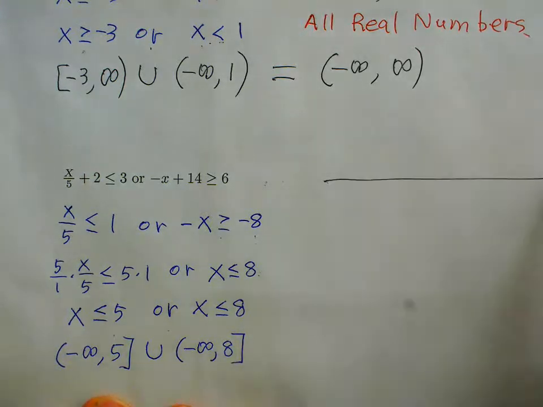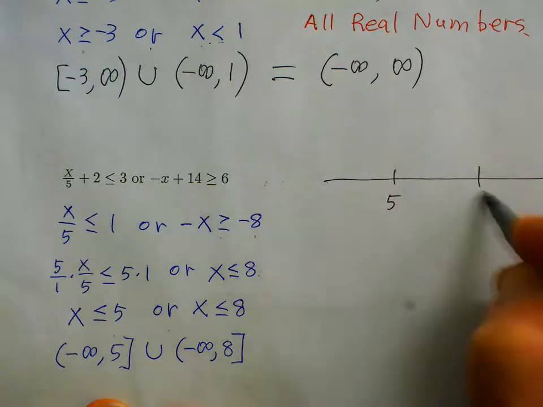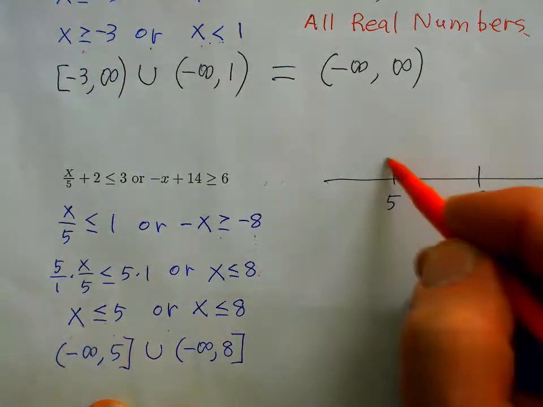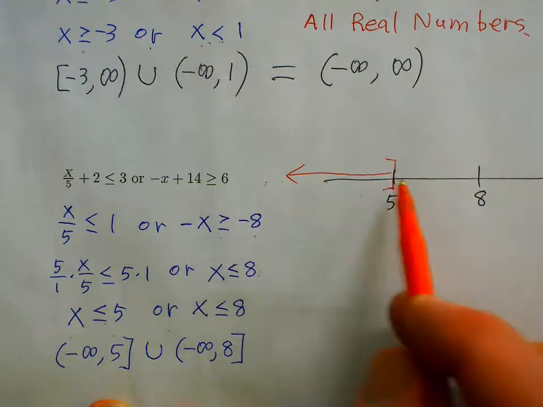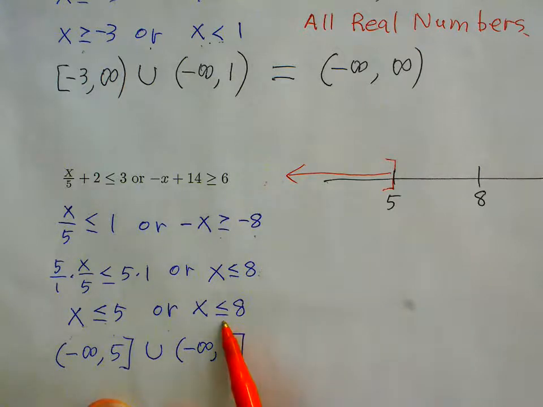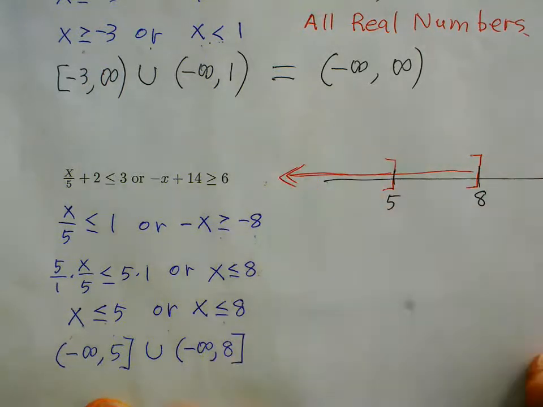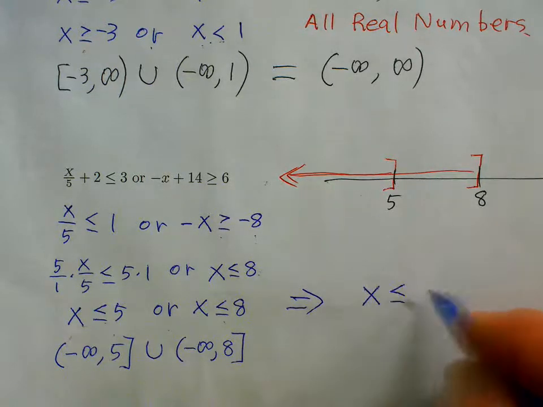If we just take a look at the graph, plot the numbers 5 and 8. If x is less than or equal to 5, put a bracket at 5 and shade to the left. If x is less than or equal to 8, we put a bracket at 8 and shade to the left. So the union of the two sets, the combination of all of the numbers in both sets, for algebraic notation, is x is less than or equal to 8.